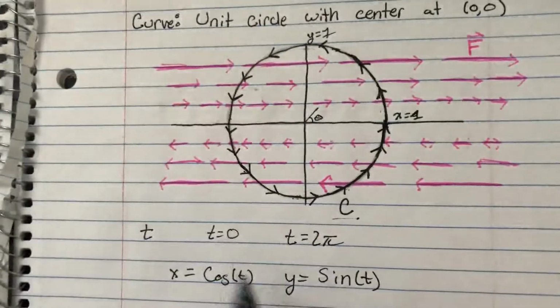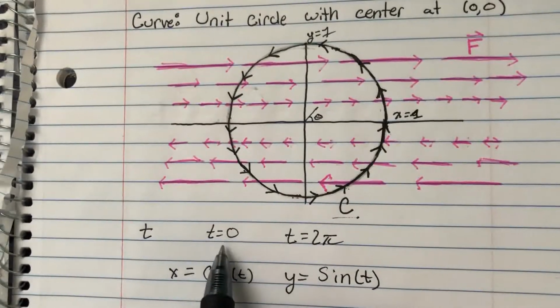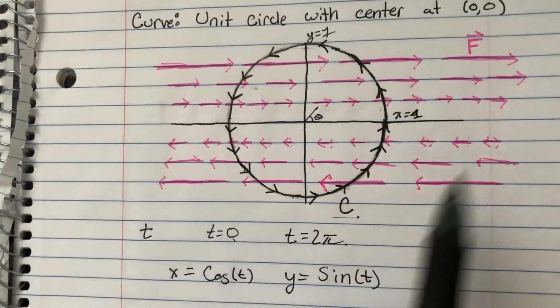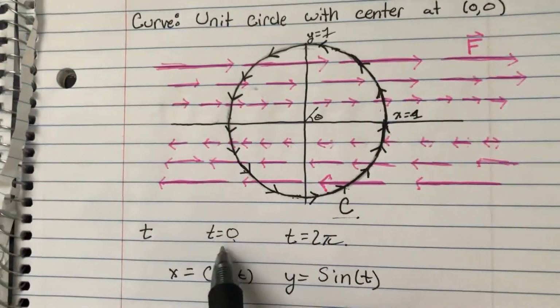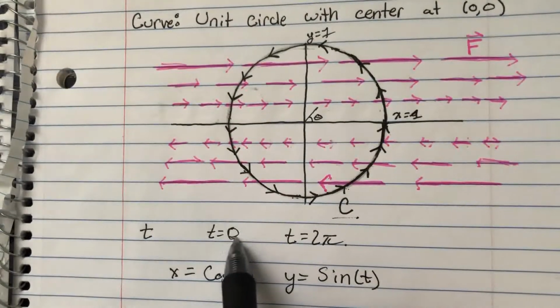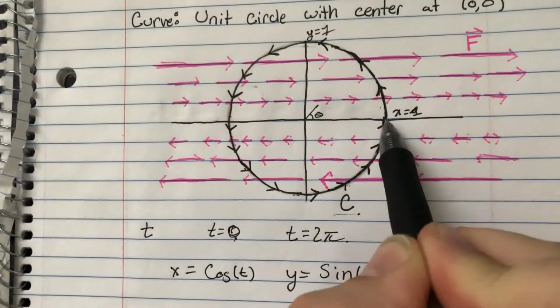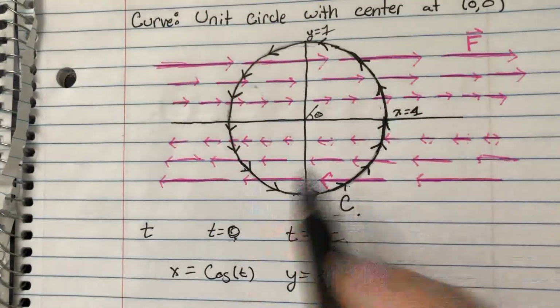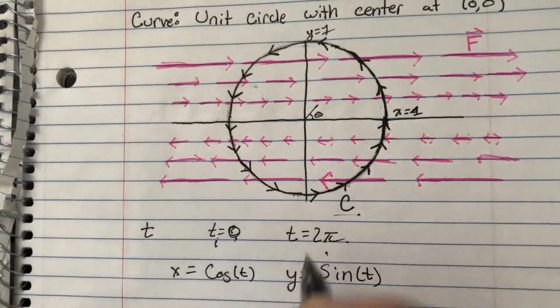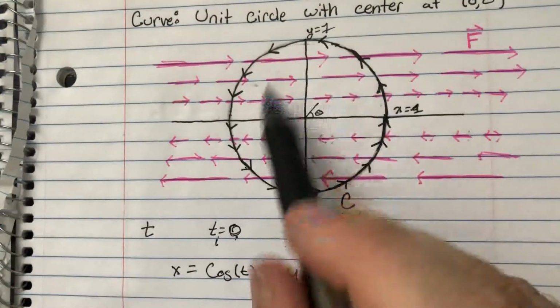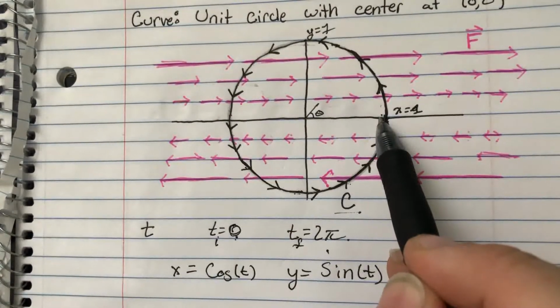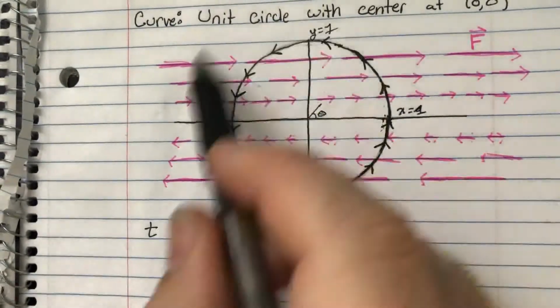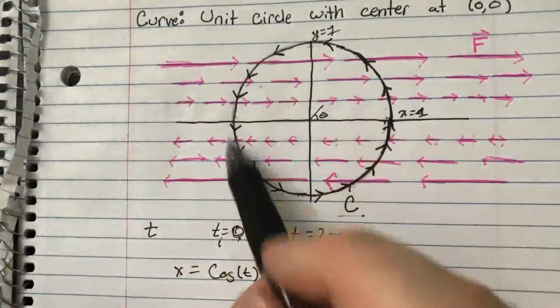The important thing is to set up your variable such that when your t is the starting point, you start at the point you actually want to start at, and when your t is your end point, I'll say this is t initial and this is t final, you end at the point you want to end at. And you want to go the right way around the curve.